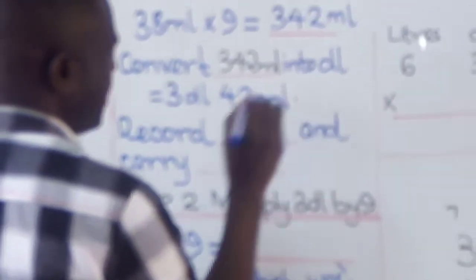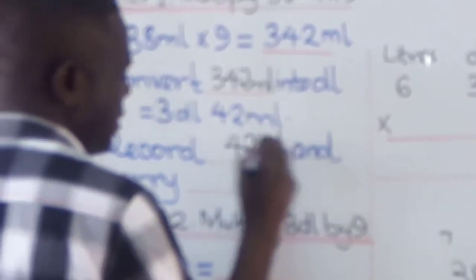So that is 3 deciliters, 42 milliliters. Are we together? 3 deciliters, 42 milliliters.